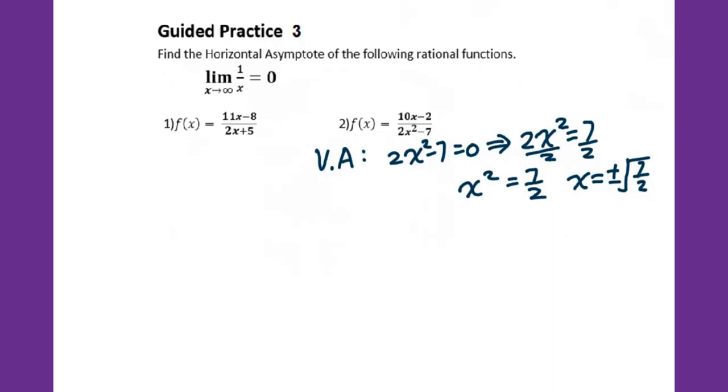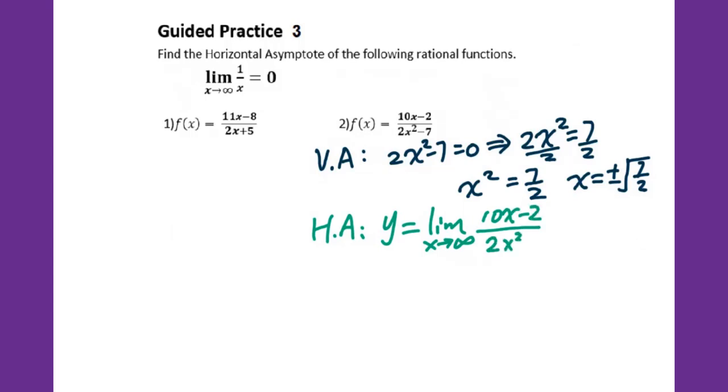This will be the vertical asymptote line. For the horizontal asymptote line, we will do y equals the limit as x tends to infinity of 10x minus 2 over 2x squared minus 7.